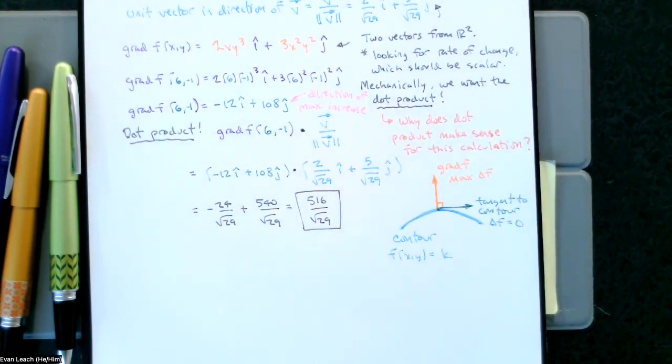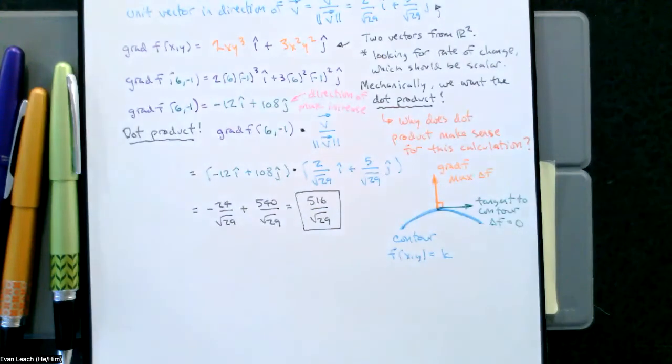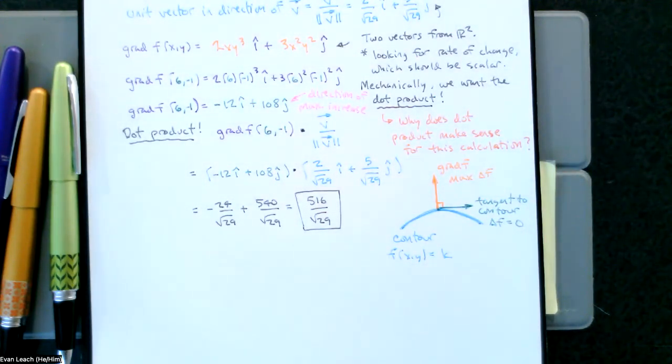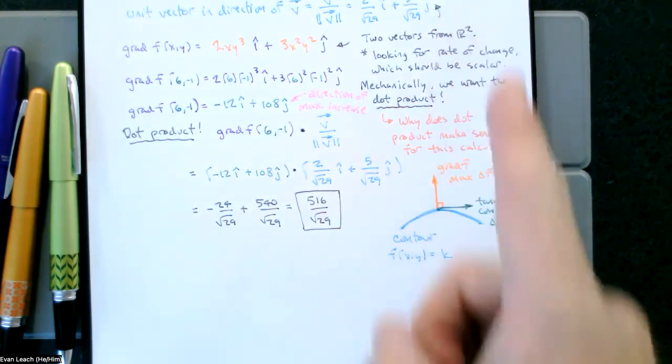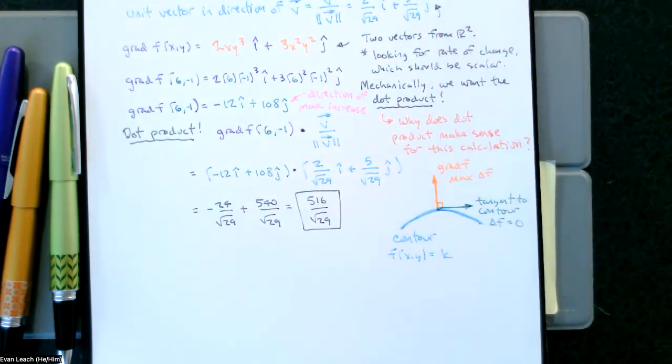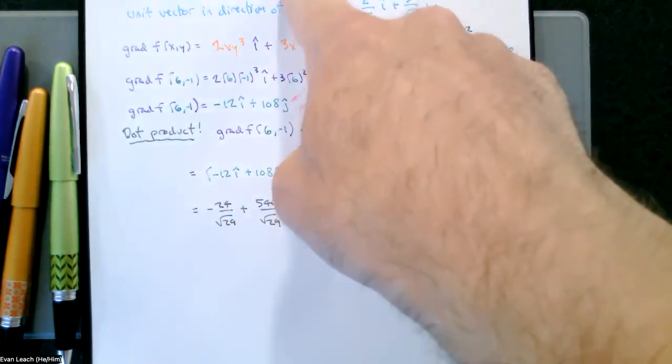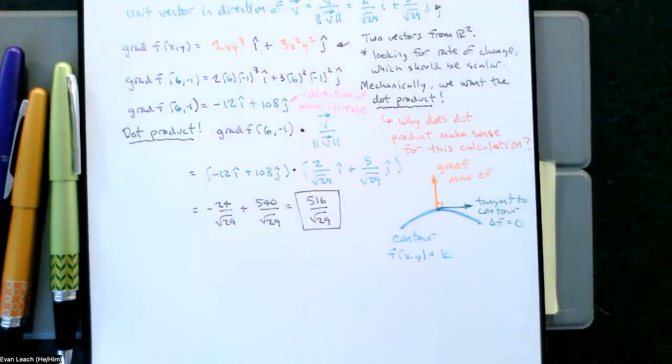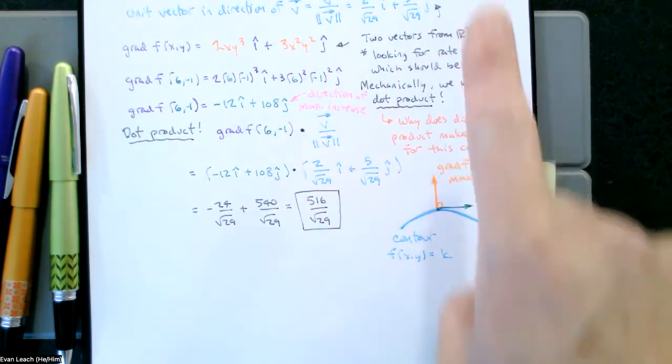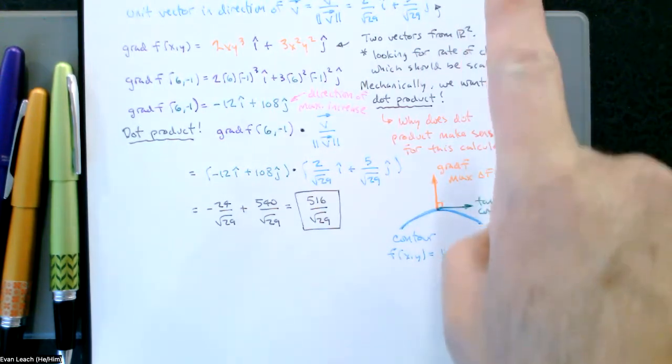So think once again mechanically about the dot product. A dot B is the magnitude of A times the magnitude of B times the cosine of the angle between them. If we are going in the direction of the gradient, our angle is 0. That means we are going to get maximum value, since cosine of 0 is 1. If our direction vector and our gradient are going in the same direction, the angle between them will be 0, and so we'll have maximum rate of change.